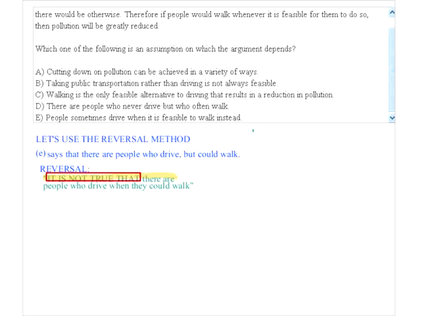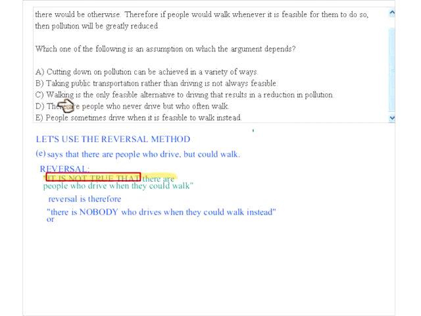So the reversal is therefore, there is nobody who drives when they can walk instead. Or if you go directly off of choice E, people sometimes drive when it is feasible to walk instead.